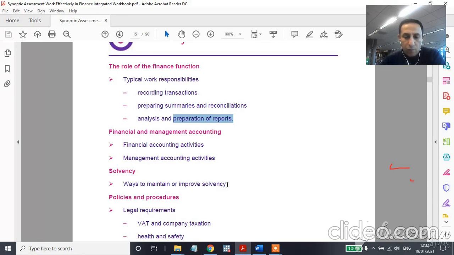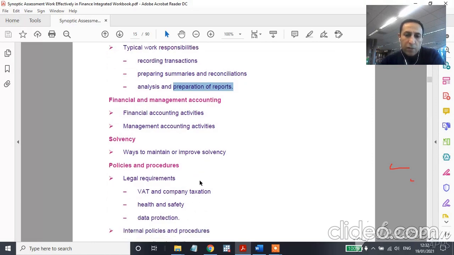This is the way to manage your cash. And obviously if you think you have a problem of overspending, you have to negotiate with your supplier and your creditor to extend a credit limit.